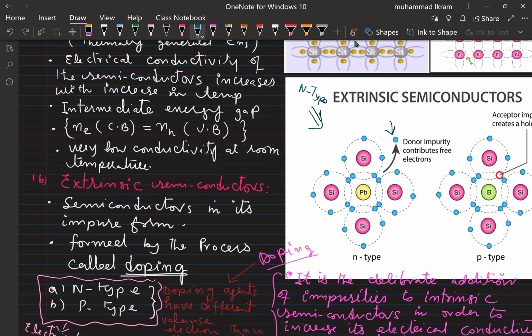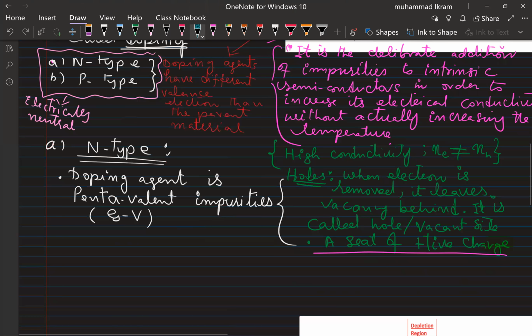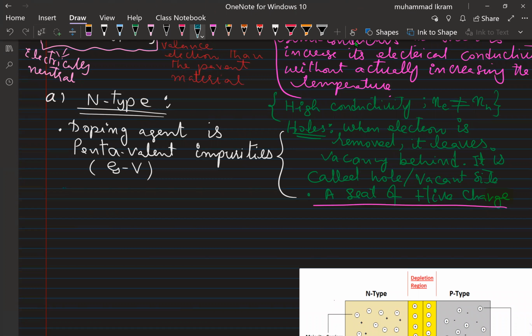That is called the donor impurity, which contributes a free electron. Here you see this free electron. Since the octet is now complete and this electron is free, it can move from atom to atom. And when an electrical connection is established across such a conductor, this free electron is the current carrier. So in N-type material, the free electrons are the current carriers.